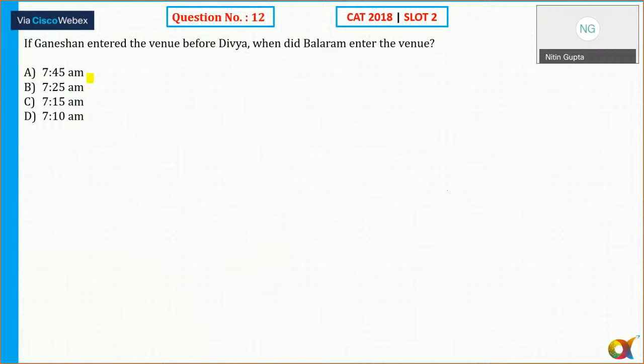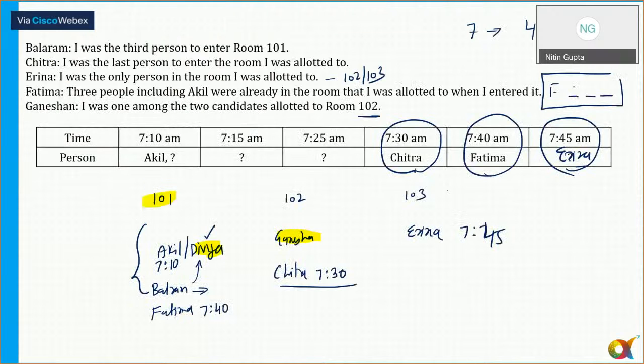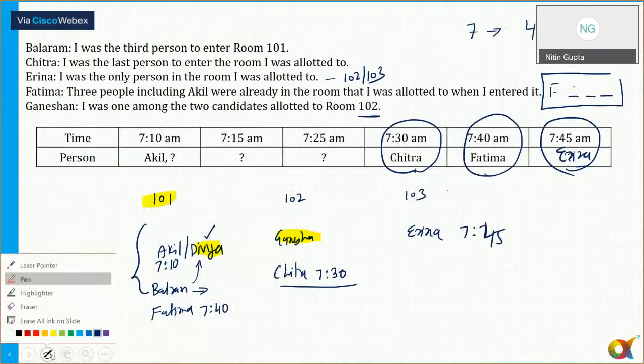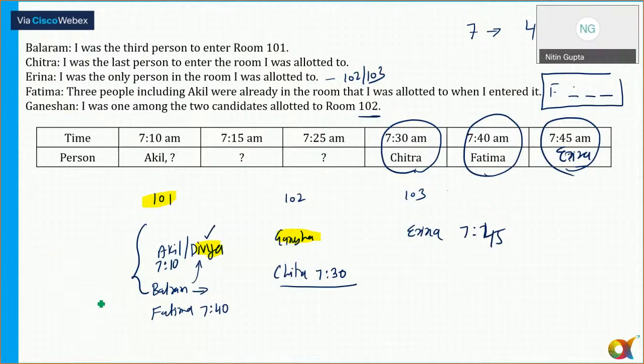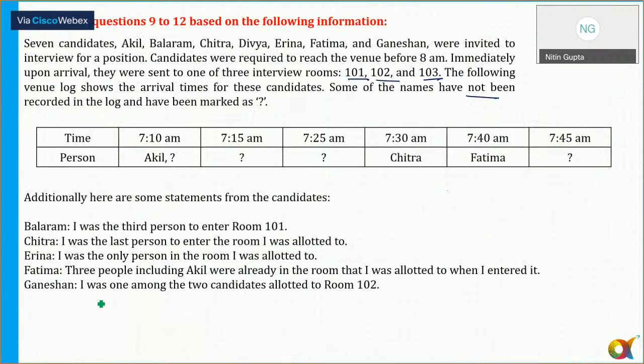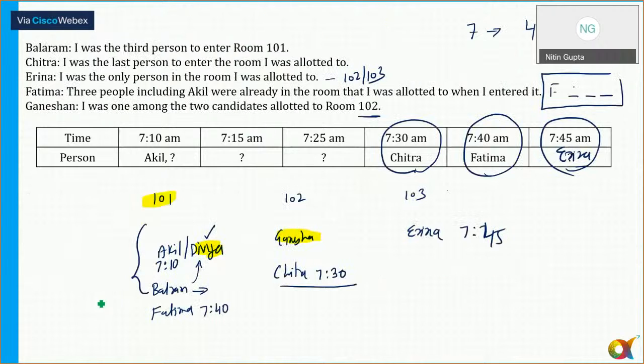If Ganesan entered the venue before Divya, when did Balram enter? Ganesan coming before Divya is given to us. And Balram is after Divya.